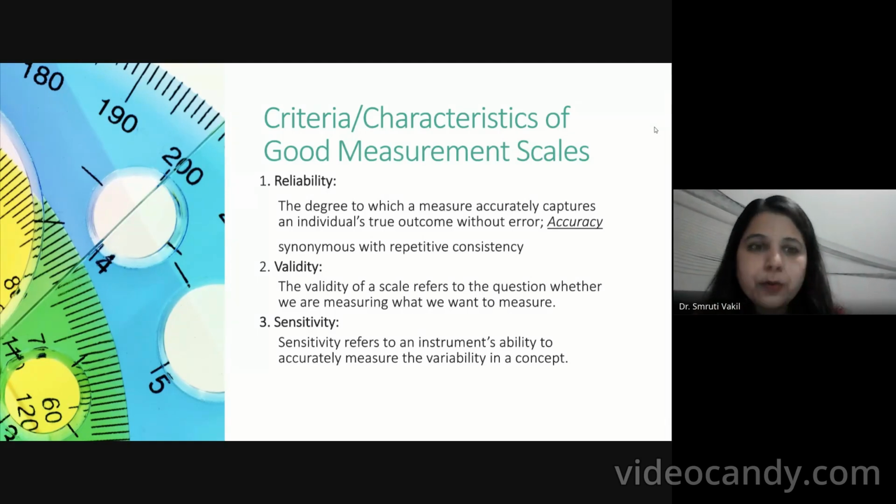But let me tell you, if you are not making your own scale, you can take up a ready-made scale used by some other researcher. Let's say, for example, if I have already used a job satisfaction scale and Sujata ma'am is now doing a study on job satisfaction and she wants to use my scale, yes, she can use it. Just give a reference to me, right?